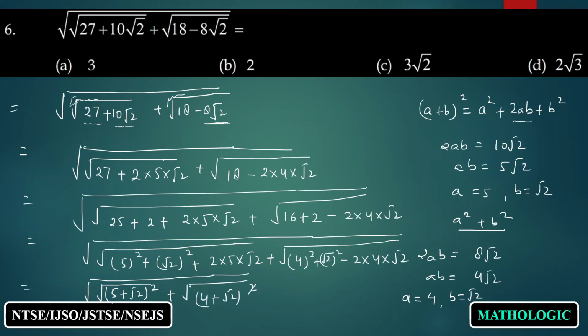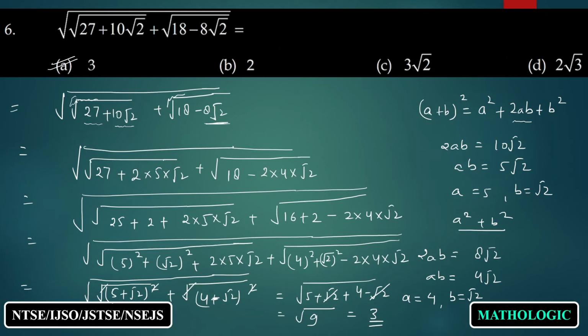Now this square will cancel out this square root, same for here, and we can write this further as 5 plus root 2 plus 4 minus root 2. Sorry, this will become negative since this is negative over here. So 4 minus root 2, and root 2 will cancel out this root 2, and we will be left with only 5 plus 4 inside the root, which is equal to 3. So the answer for this problem is option A, which is 3. I hope you got this problem.